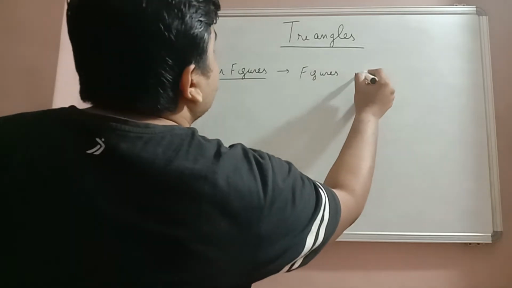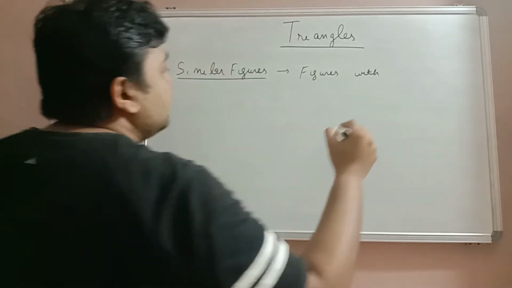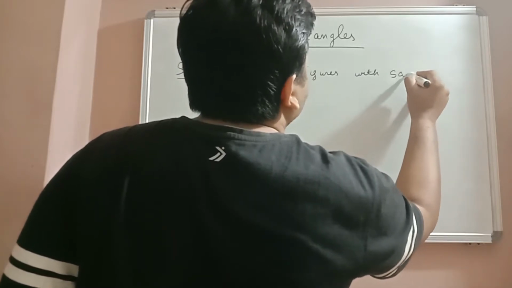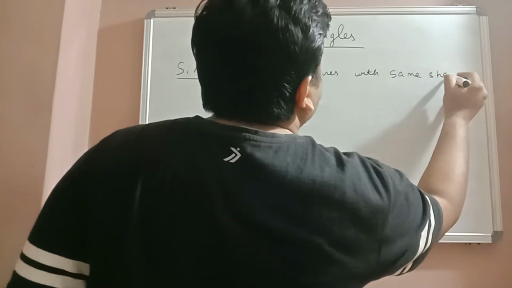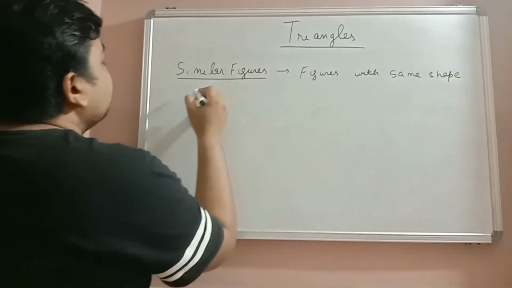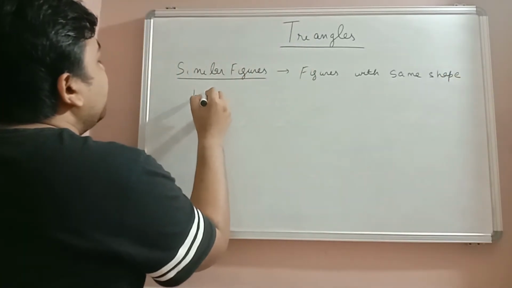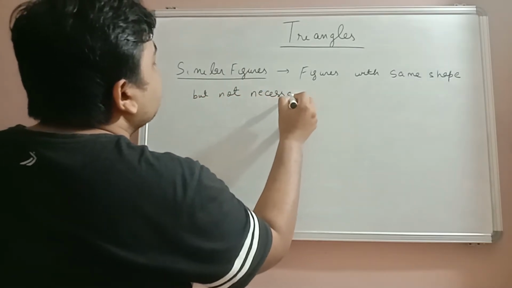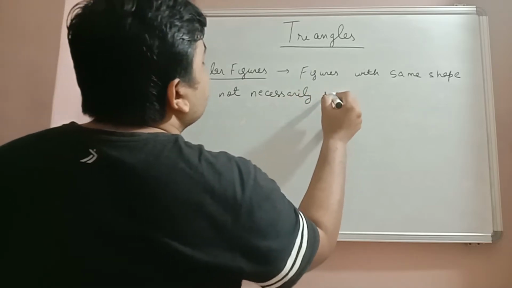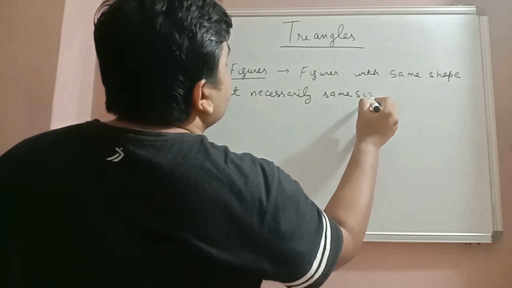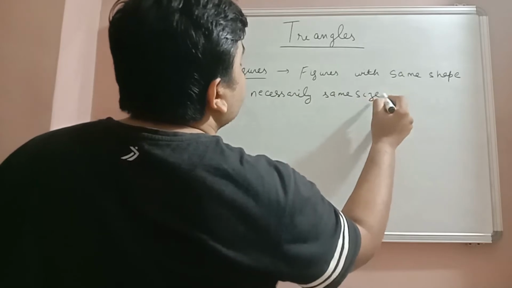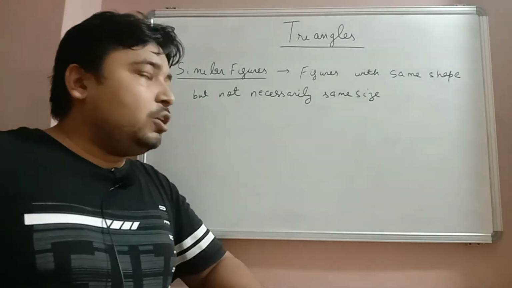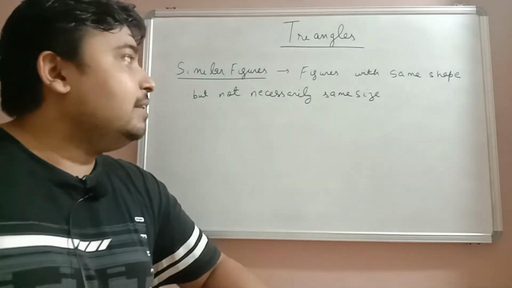Figures with same shape but not necessarily same size. So figures with same shape but not necessarily same size are known as similar figures.